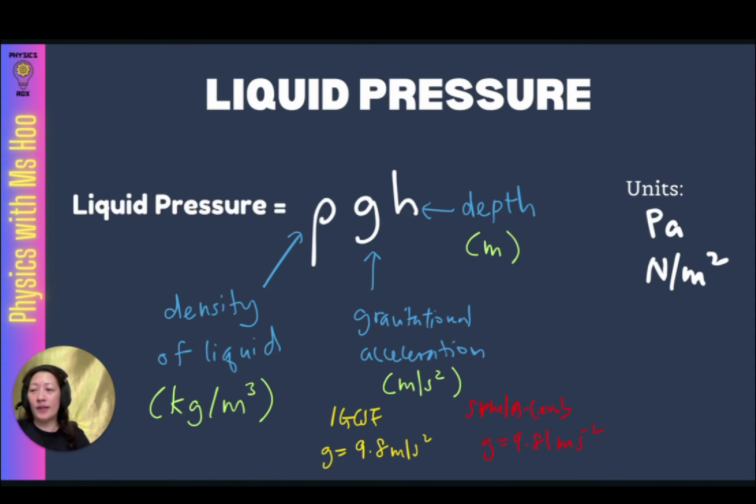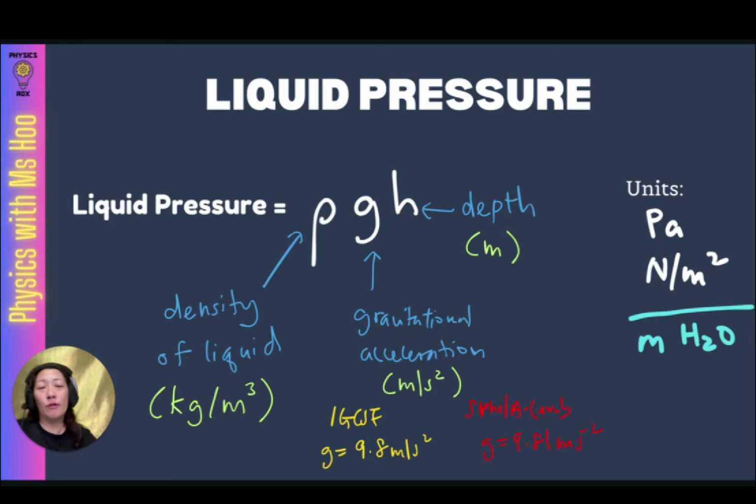Now, in addition to this, you should also be aware that liquid pressure can also be expressed in other units. So I've drawn a line here just to separate the different types of units. You can also express liquid pressure in liquid form, meaning you can write this as meters H2O.